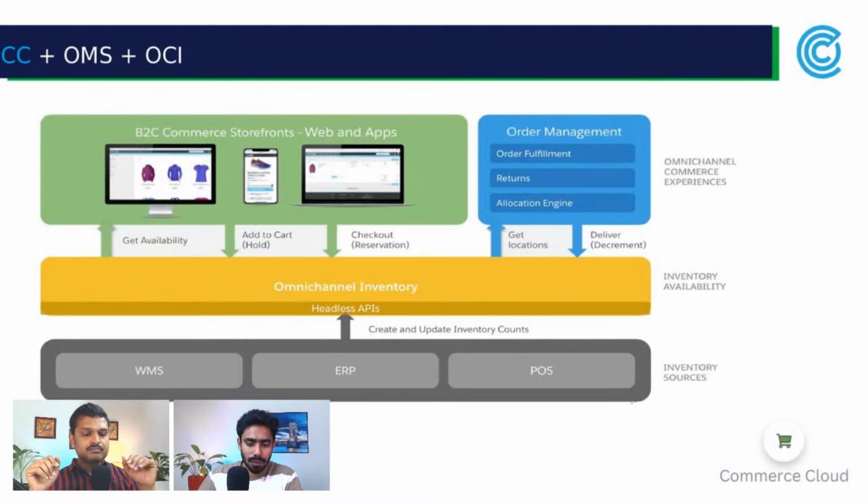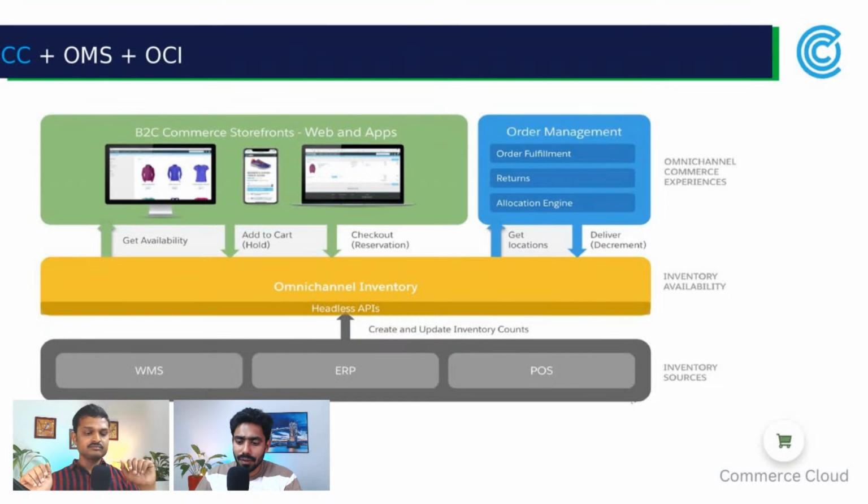For example, coming to your use case, if some store is going to the WMS to take a product to fulfill the item, then the WMS should update the omnichannel inventory by using the headless APIs. We need to make sure that the omnichannel inventory application is up to date with the inventory. Then it will do a lot of calculations to calculate available to order, available to fulfill, safety stock, things of that nature. That will take care of it.